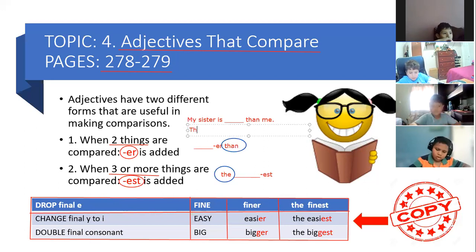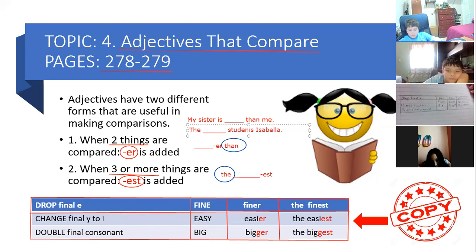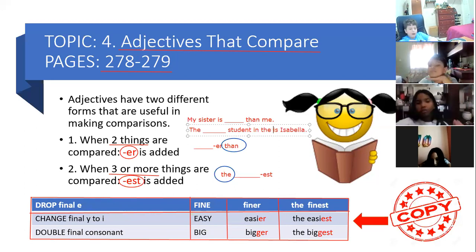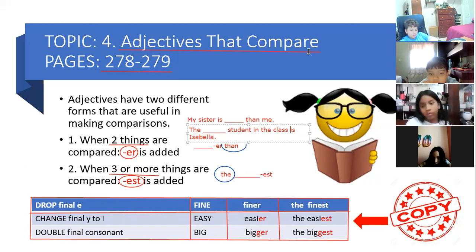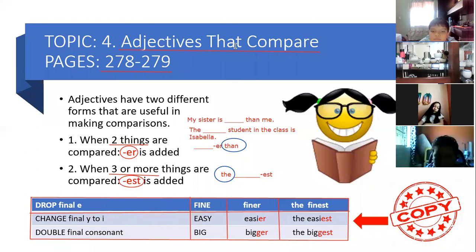But what happens if the sentence says the blank student in the class is Isabella? So what is my clue word? The. It could be the smartest student. So I need an adjective that finishes with EST here.